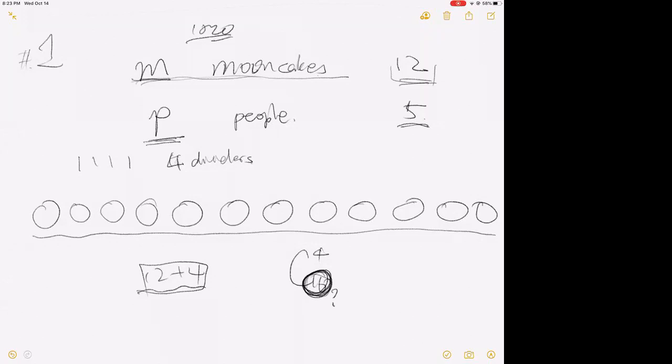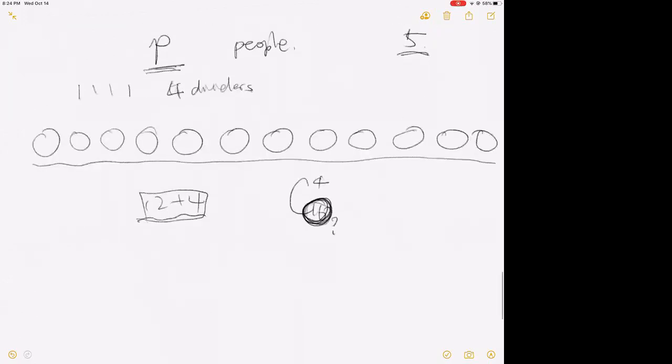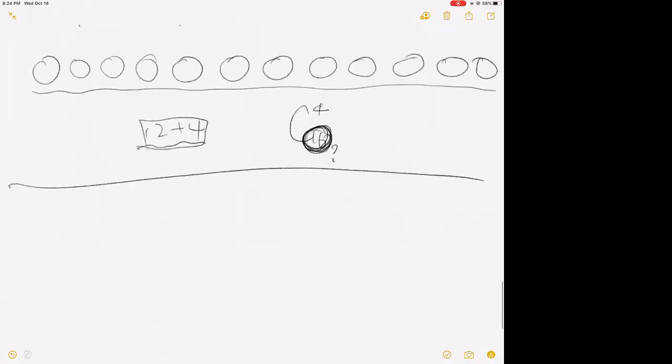Can you just draw a line, Andrew? Draw a line so that I can start a new section. Okay, so you want to start a new piece? So as I said before, there are M mooncakes and still the same S sticks. M mooncakes. S sticks.